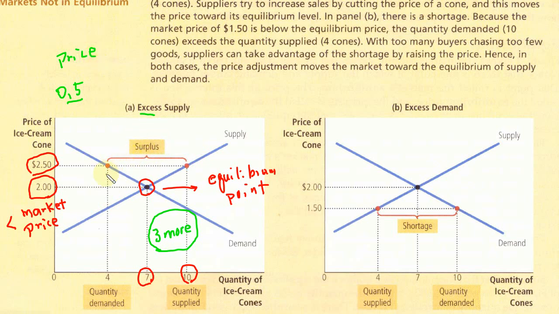Then what can happen? Okay, in this graph, there is excess supply. The buyers in the market want to purchase at $2, but they do not increase demand.